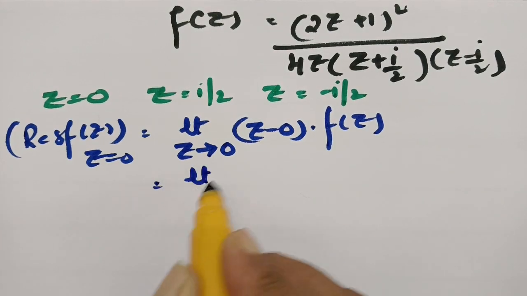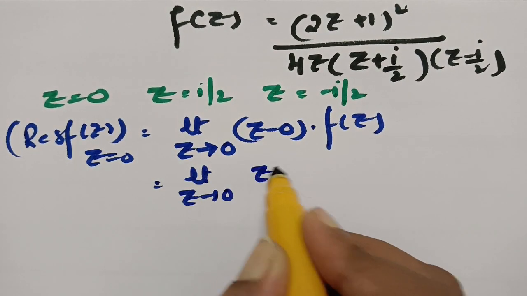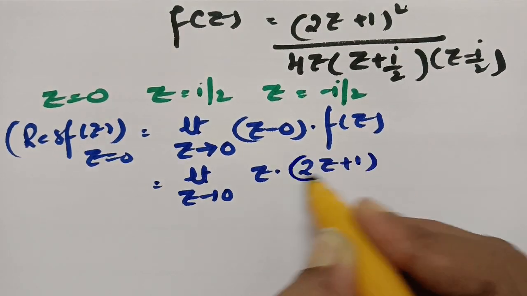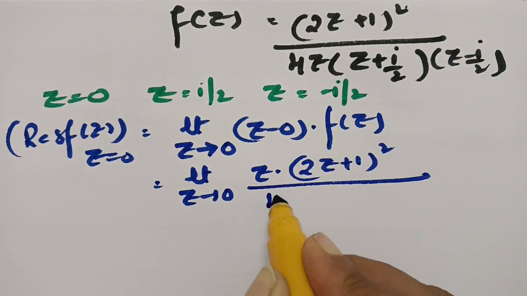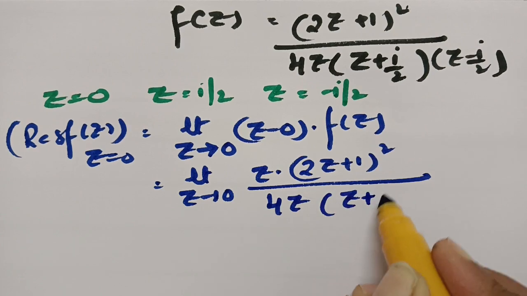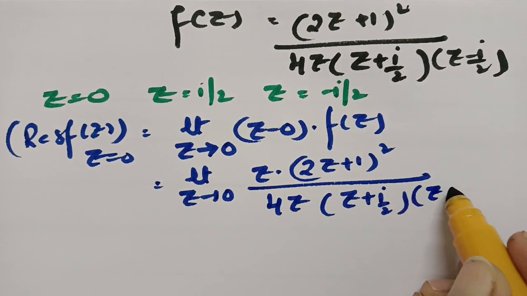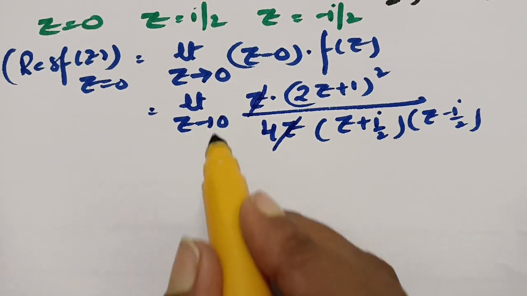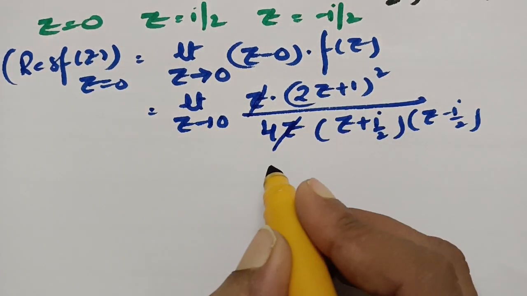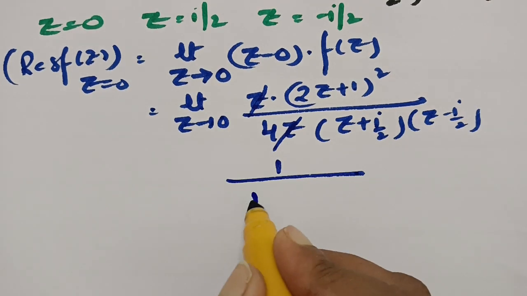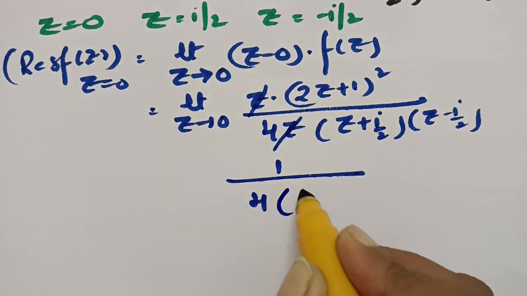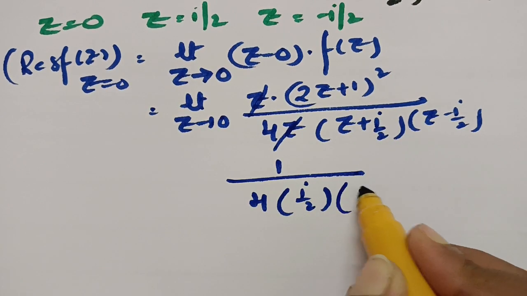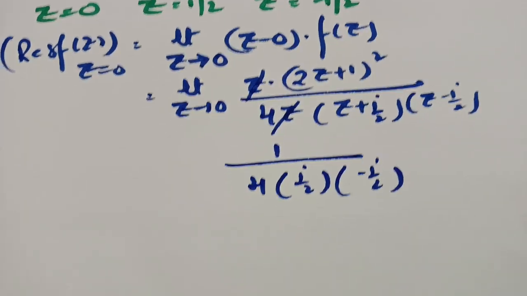So this value is nothing but limit z tends to 0, z into f of z, which is (2z plus 1) whole square by 4z into (z plus i by 2) into (z minus i by 2). Clearly I can cancel this z and substitute 0. So the numerator value will be 1, and this is 4 times (plus i by 2) and (minus i by 2).